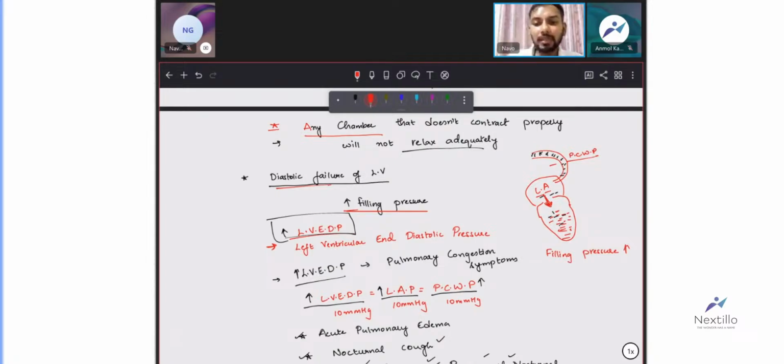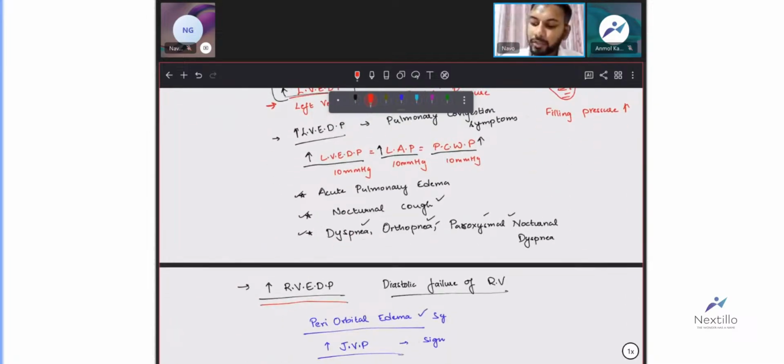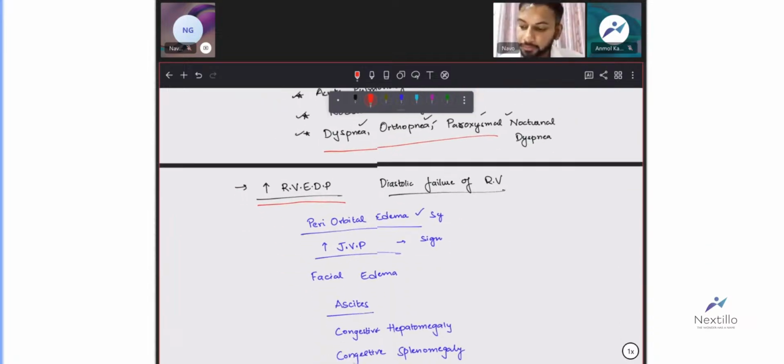Now, LV-EDP is equal to LAP is equal to PCWP. So, if LV-EDP is increased, PCWP is increased, and the blood amount in the pulmonary capillaries will increase. So, the fluid moves out from capillaries into the interstitium or alveoli, causing the pulmonary edema. And all of these symptoms can be seen. So these are increased LVEDP symptoms.